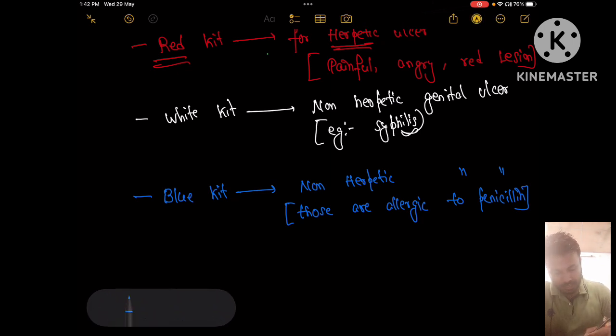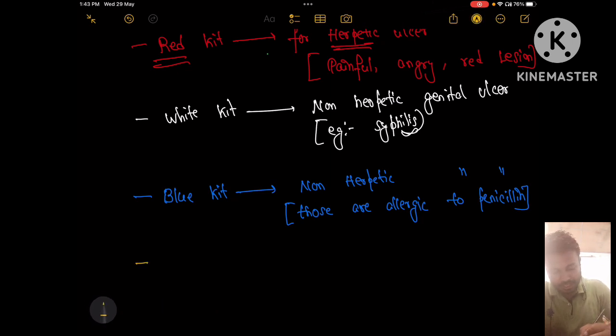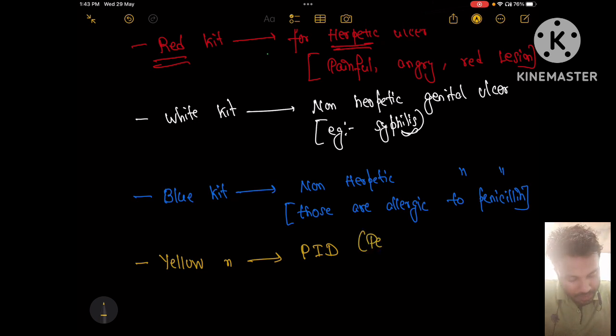Next is the yellow kit. The yellow kit is for lower abdomen pain or PID. PID stands for pelvic inflammatory disease.